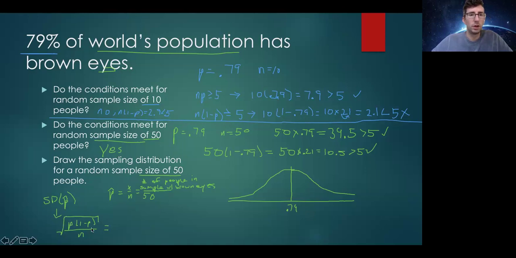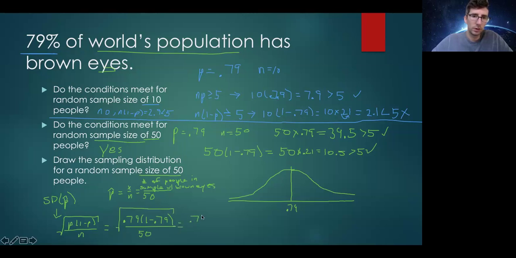And this is great, we have our starting population proportion and our sample size of 50, so we can just plug all this in. So 0.79 times 0.21 over 50. We'll take the square root.